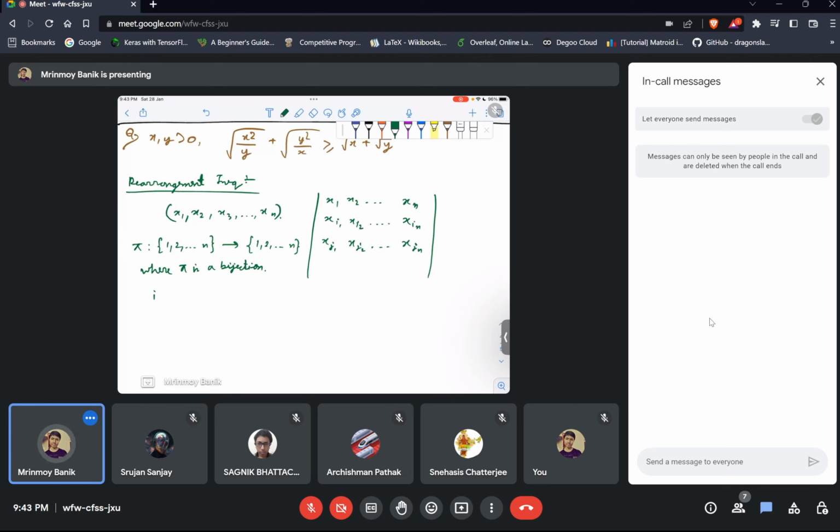Then we can say ik is equal to pi1 of k. Similarly, we can have another one like pi1 and pi2. So we can say jk is equal to pi2 of k.